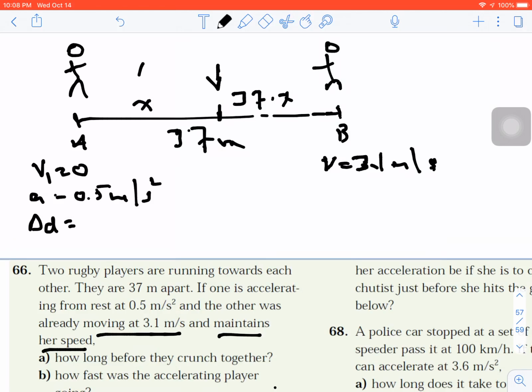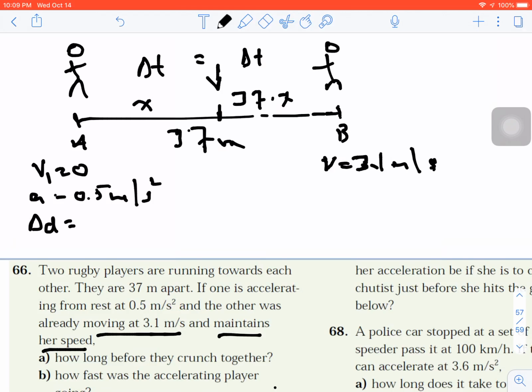So the delta T on this side is equal to the delta T on this side, because they both have the same starting time when they're 37 meters apart and the same ending time when they hit each other. So the time for both is going to be constant.